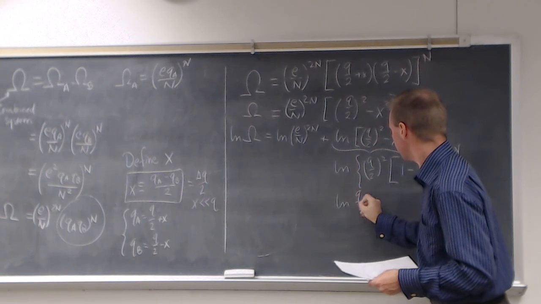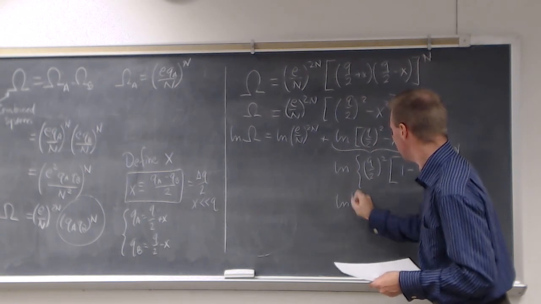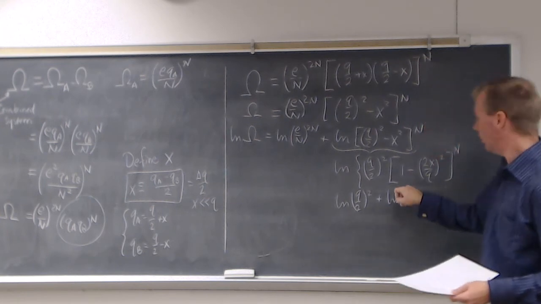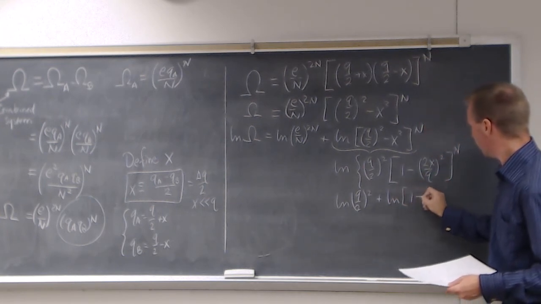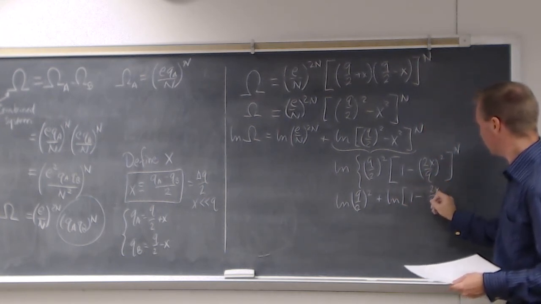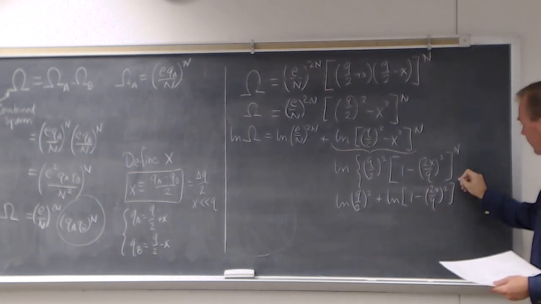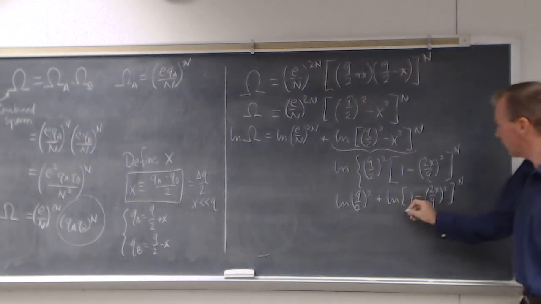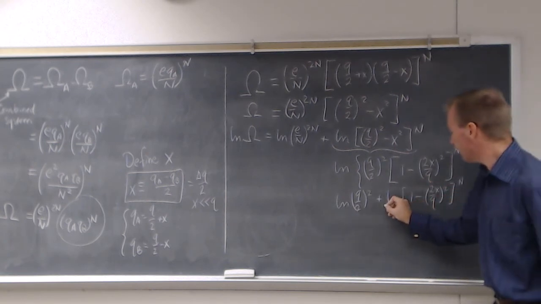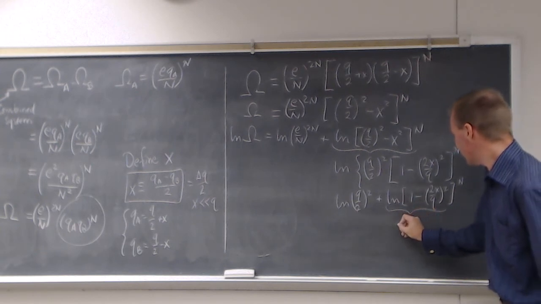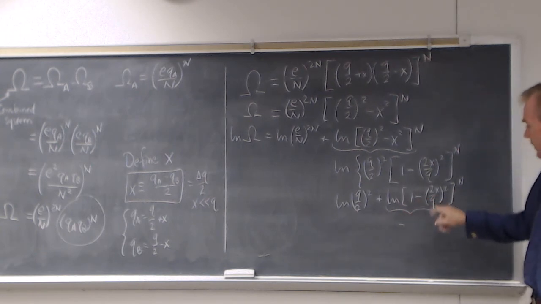So natural log of (q/2) squared plus the natural log of this last term, (1 minus (2x over q) squared), all to the nth power. The approximation I've talked about says that this will be approximately negative, that sign will attach to this here.